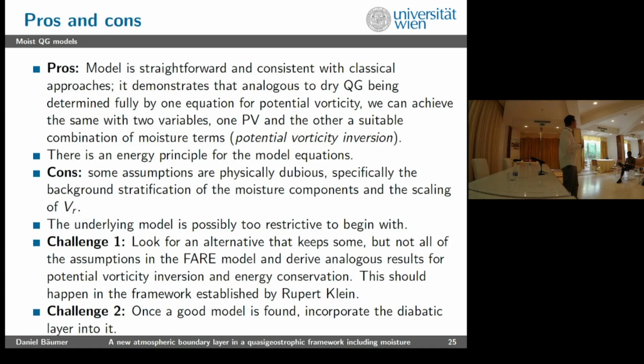Its scaling is consistent with classical approaches to quasi-geostrophic theory, and also something very nice that Smith and Stechmann derive in the paper is that, analogous to the QG potential vorticity fully determining the QG flow, here one such equation is not enough, but we can do it with two variables.